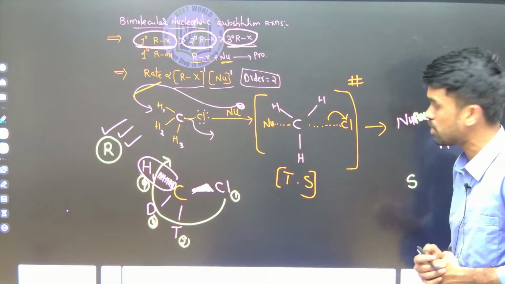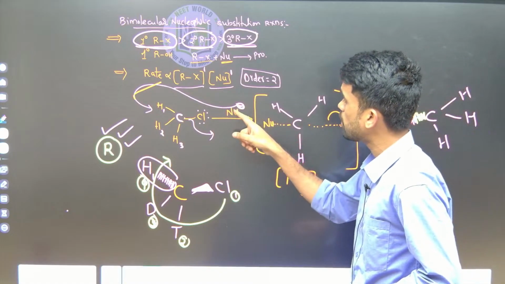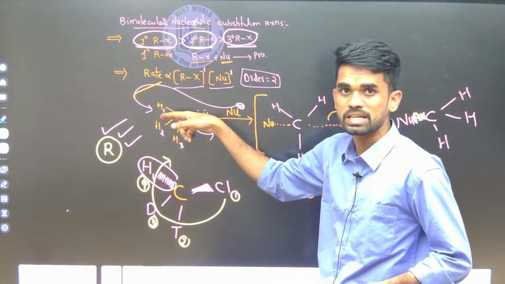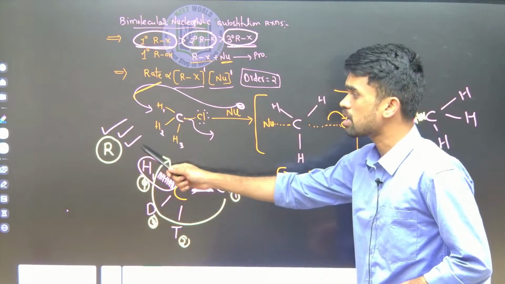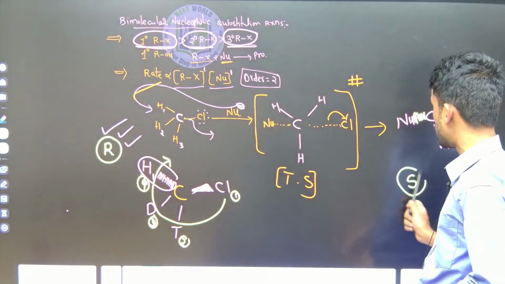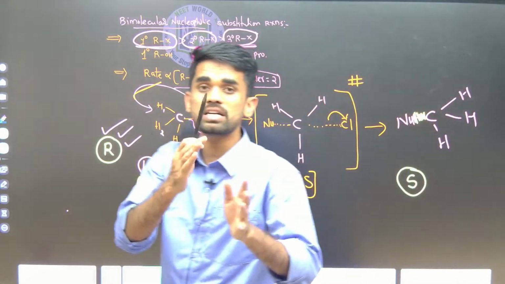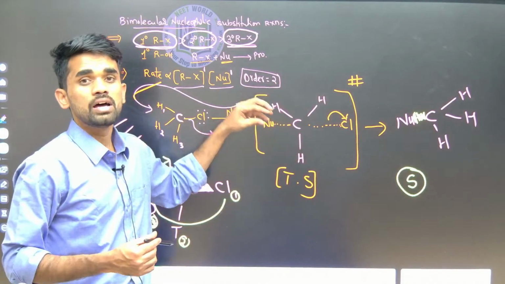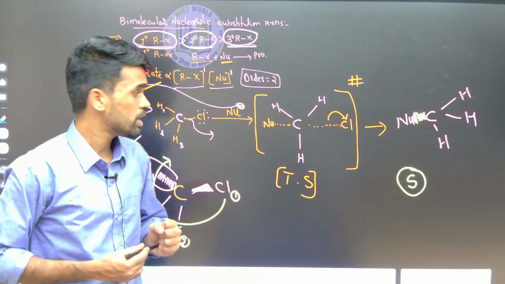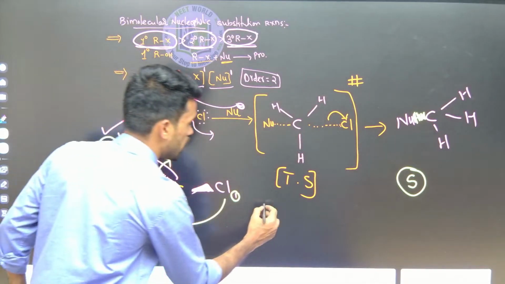Why am I saying S configuration? Because the nucleophile is coming exactly from the opposite direction, right? Now above the plane becomes below the plane. That's why if it is R configuration, our product will be S configuration. See, the configuration is inverting: R becoming S, S becoming R in this SN2 reaction. So that is what inversion of configuration takes place.